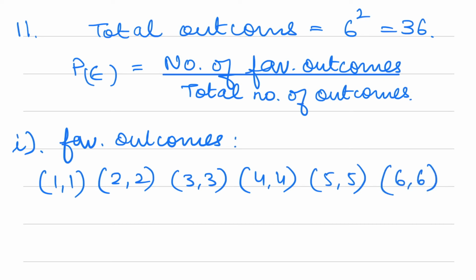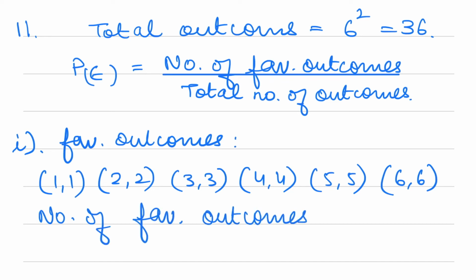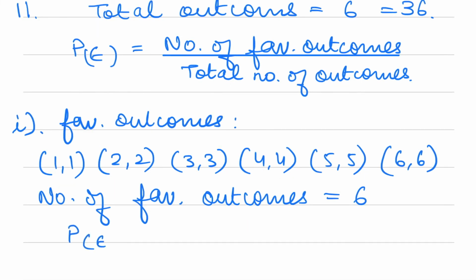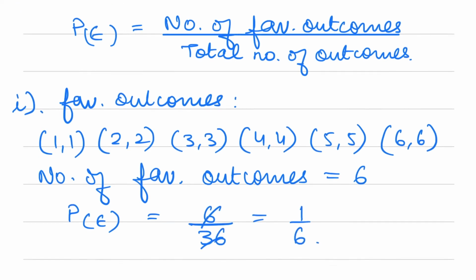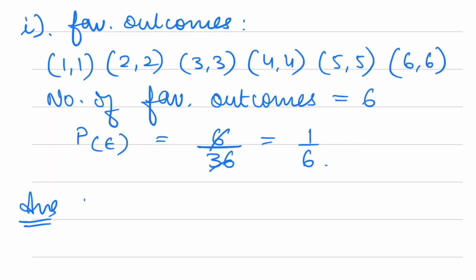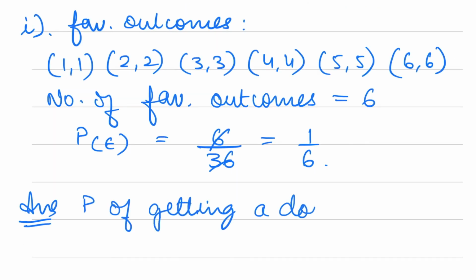So we have a number of favorable outcomes. How many? 6. So probability of this event would be equal to 6 by 36. So this is equal to 1 by 6. Answer, probability of getting doublet is equal to 1 by 6.